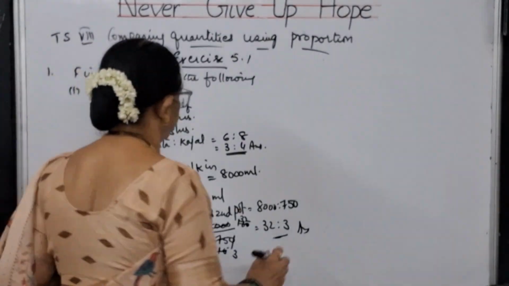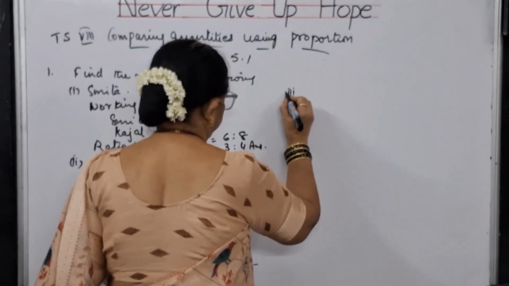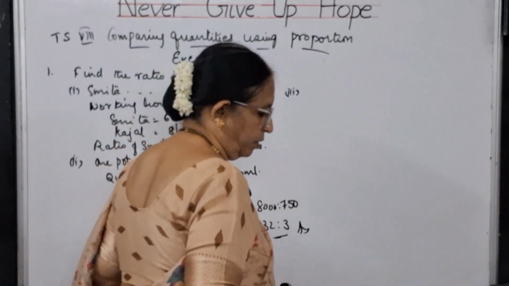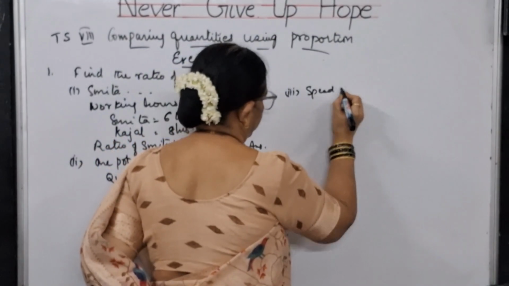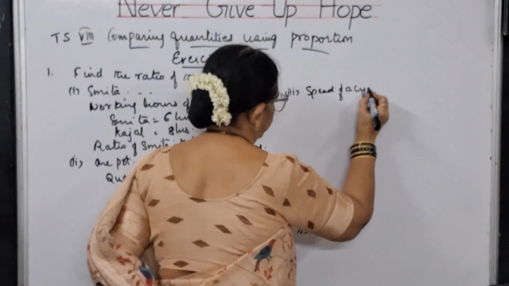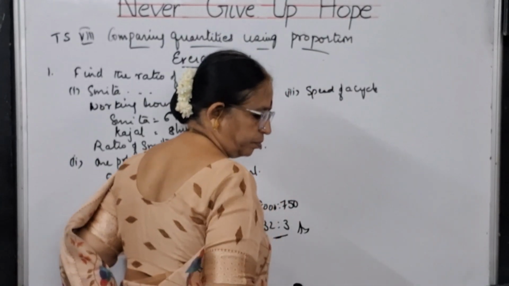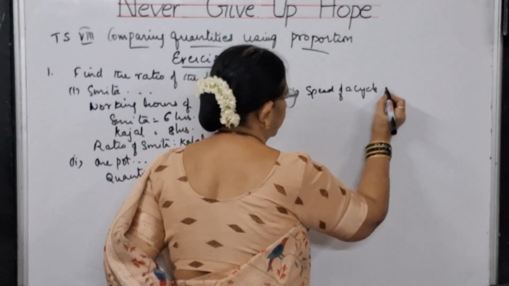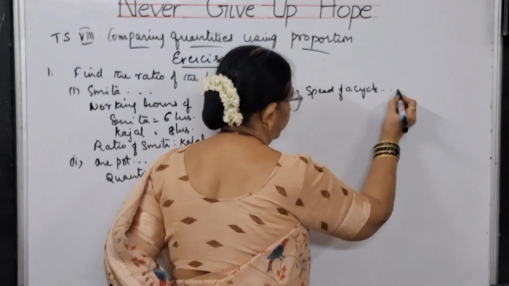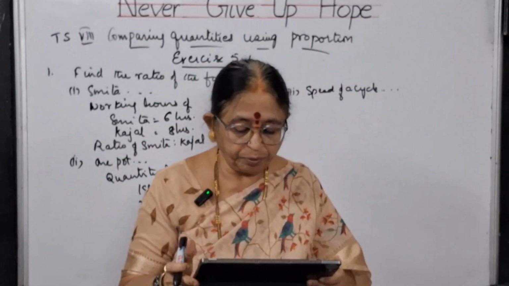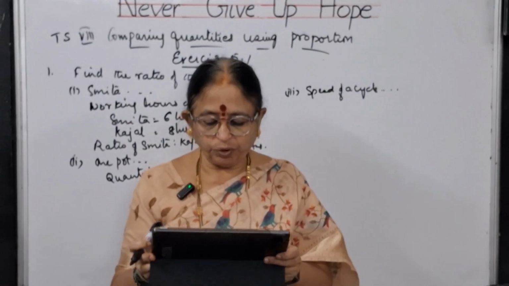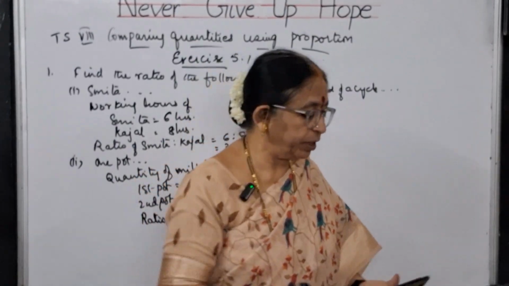Now, third bit. Third bit, speed of a cycle. Let me read. Speed of a cycle is 15 kilometers per hour, and speed of the scooter is 30 kilometers per hour.